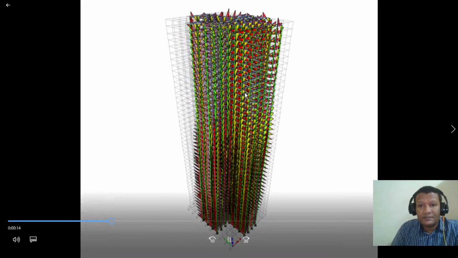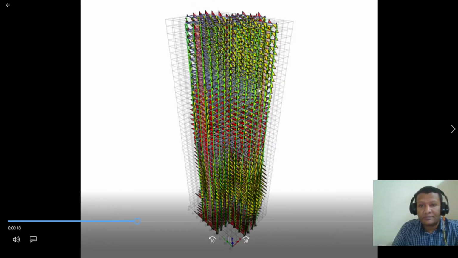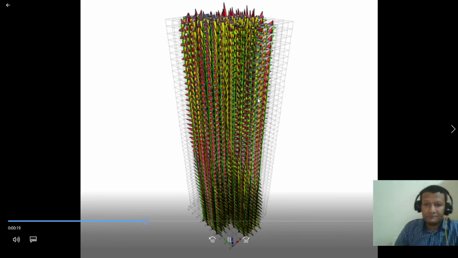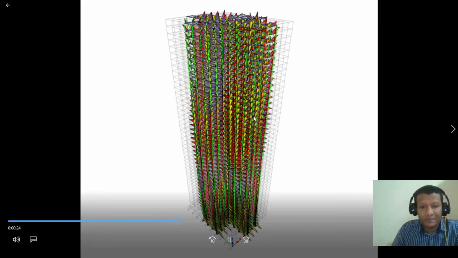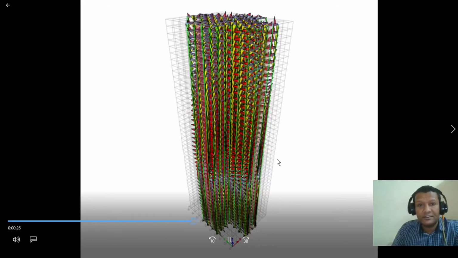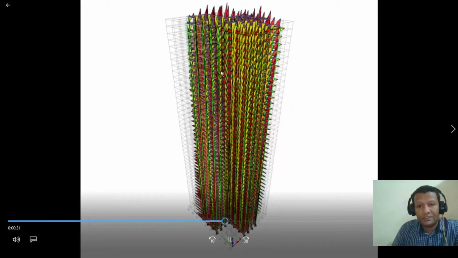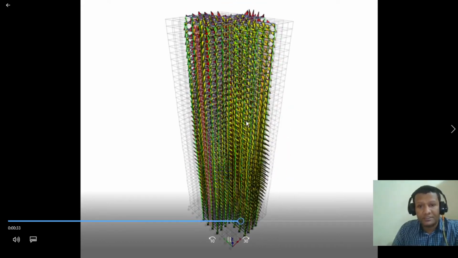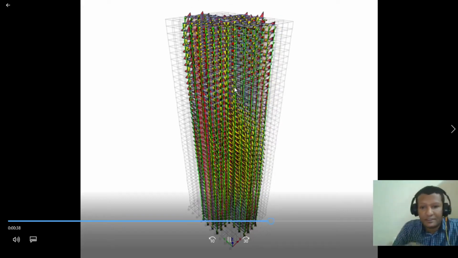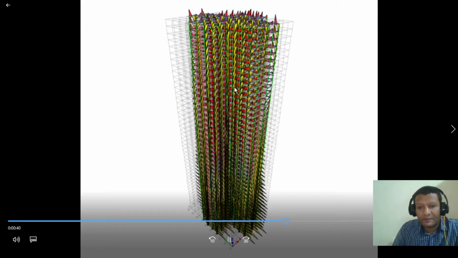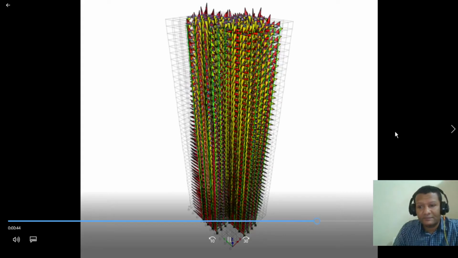This is linear dynamic time history analysis. Every second, as per the ground motion we applied, and the matching, the detail I will come to in a minute. This is for 40 seconds. So this is how the bending moment of a structure is changing, because it varies as per the ground motion, as per the record of the time history analysis.